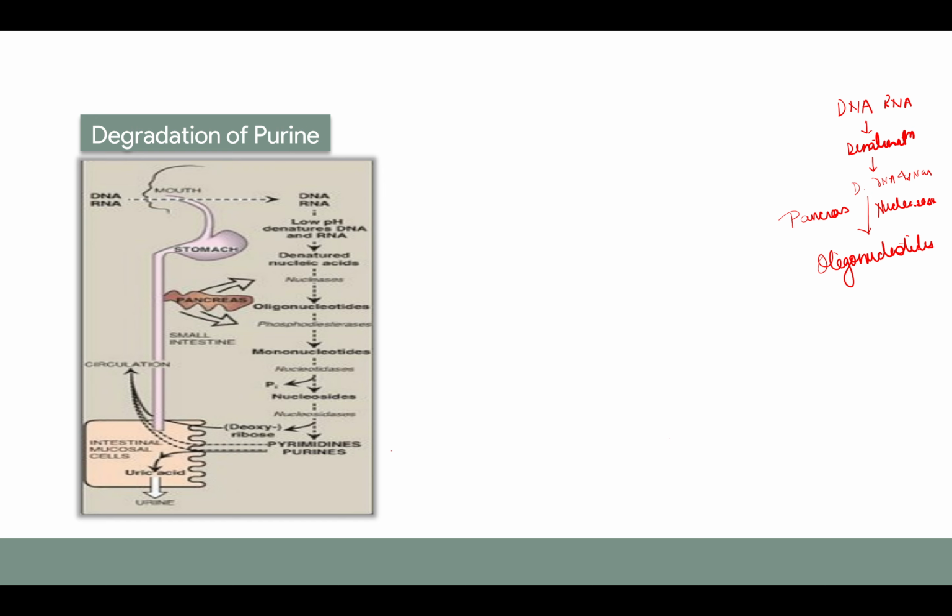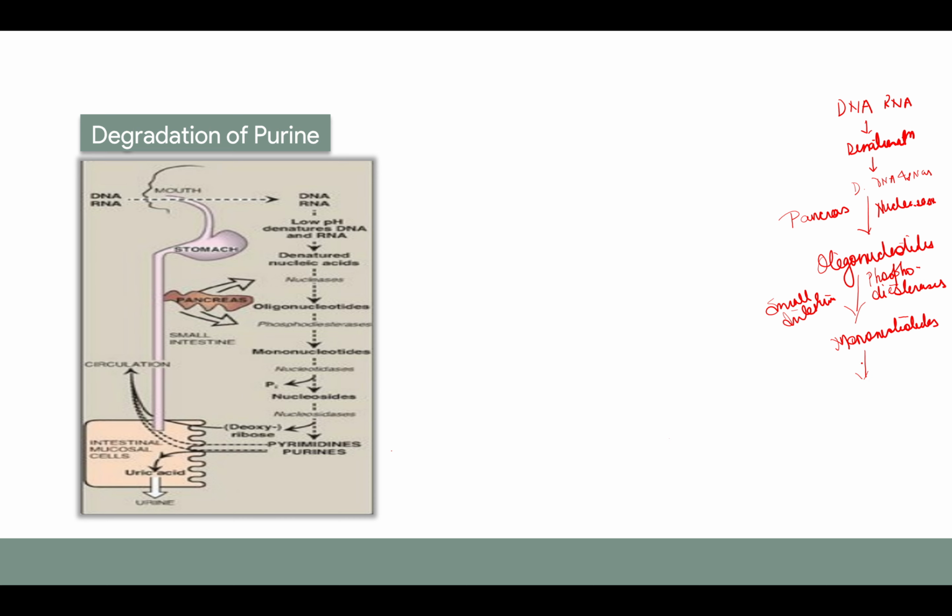What it forms? It forms oligonucleotides. And these oligonucleotides are acted on by the enzyme phosphodiesterases, which is released from small intestine, to form mononucleotides.